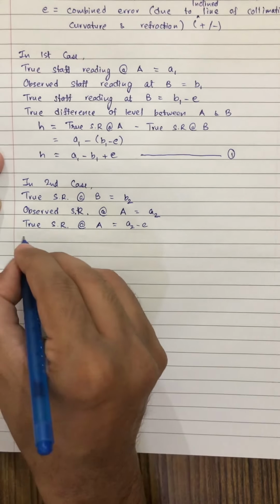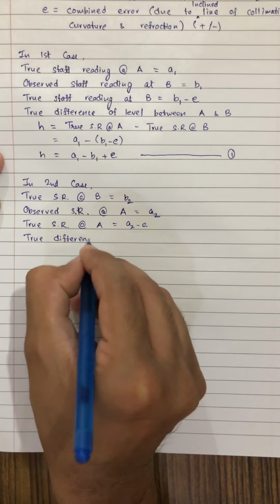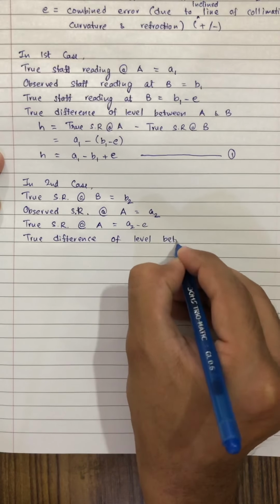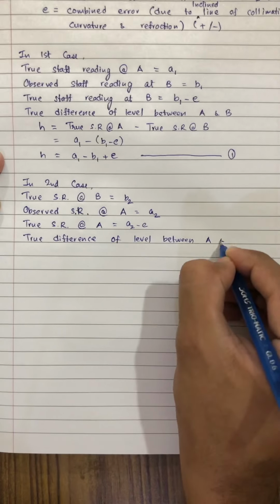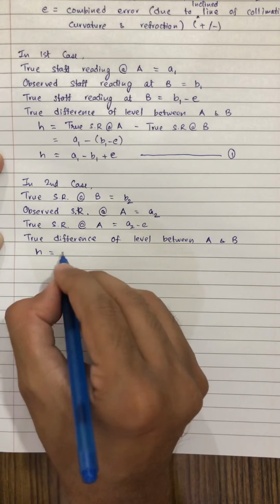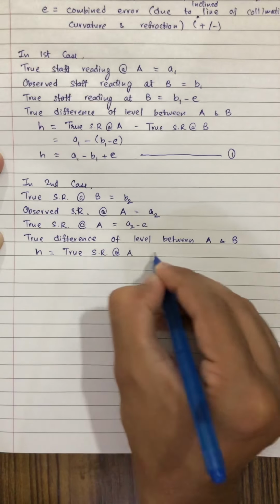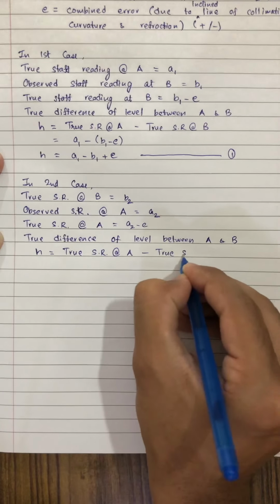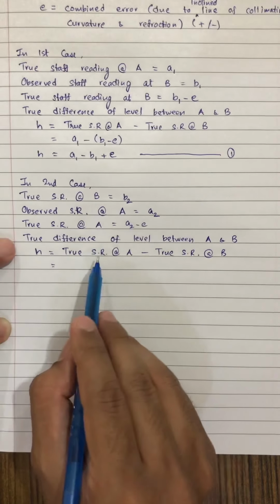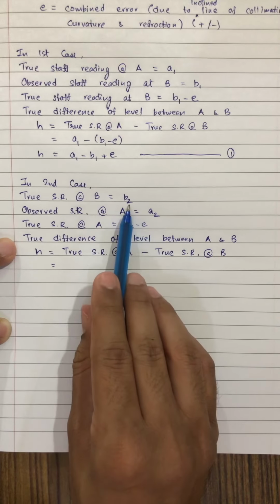So the true difference of level between A and B, that is H, will be equal to the true staff reading at point A minus the true staff reading at point B. At A it is A2 minus E and at B it is B2.